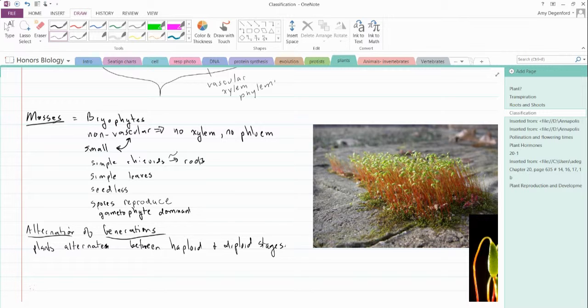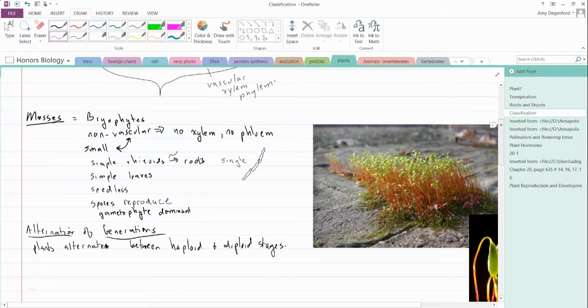They have very simple root-like structures called rhizoids, which are single-celled little root-like anchoring systems that can absorb water. And then they have very simple leaves that aren't very differentiated. Again, seedless. They reproduce by spores, and they are what we call gametophyte dominant.